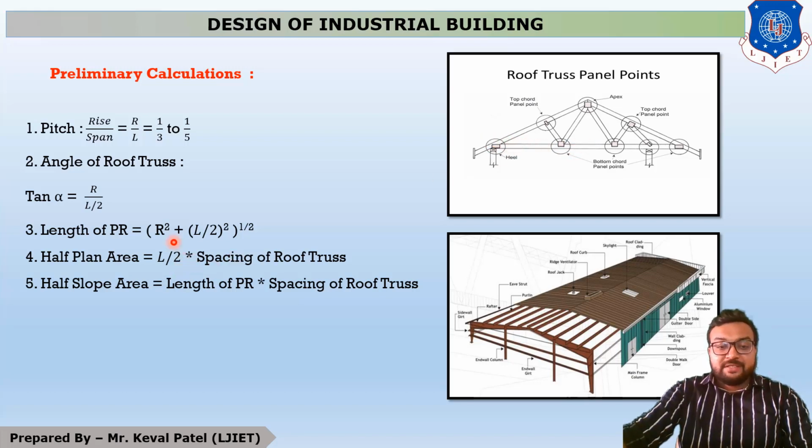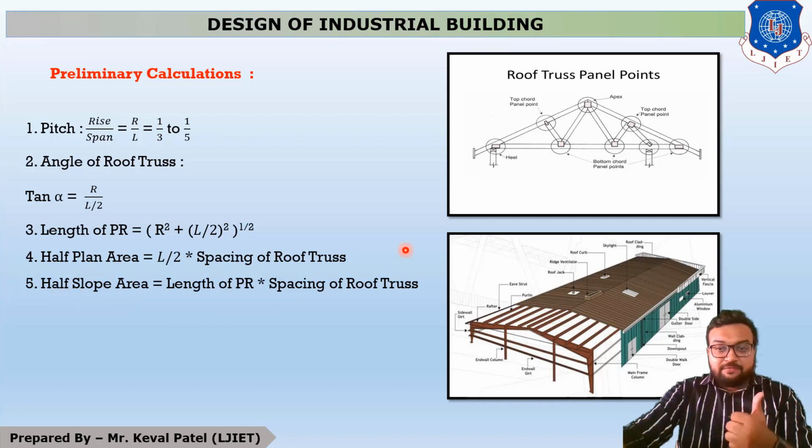So this is L by 2 into spacing of roof truss, meaning the distance between these two columns. This distance between two columns is called spacing of roof truss, and it was already discussed earlier in today's session.